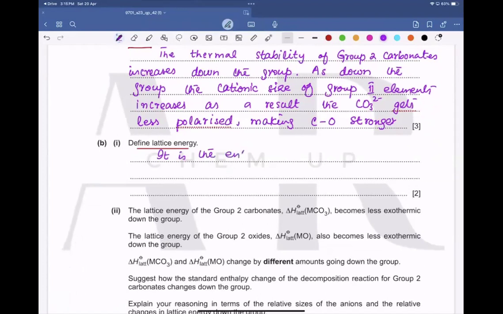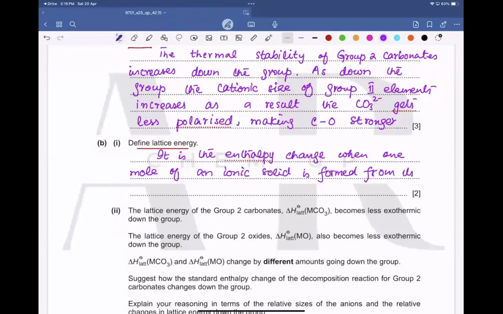It is the enthalpy change when one mole of an ionic solid is formed from gaseous ions, right?